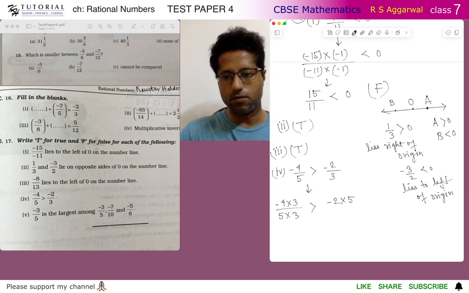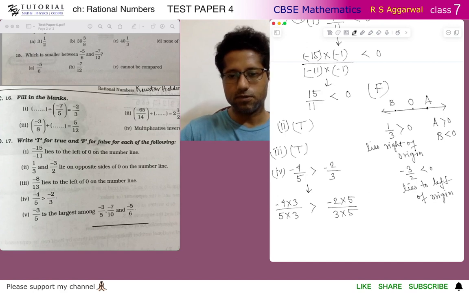We have to multiply by 5 both the numerator and the denominator. So this is saying minus 12 by 15 is greater than minus 10 by 15.